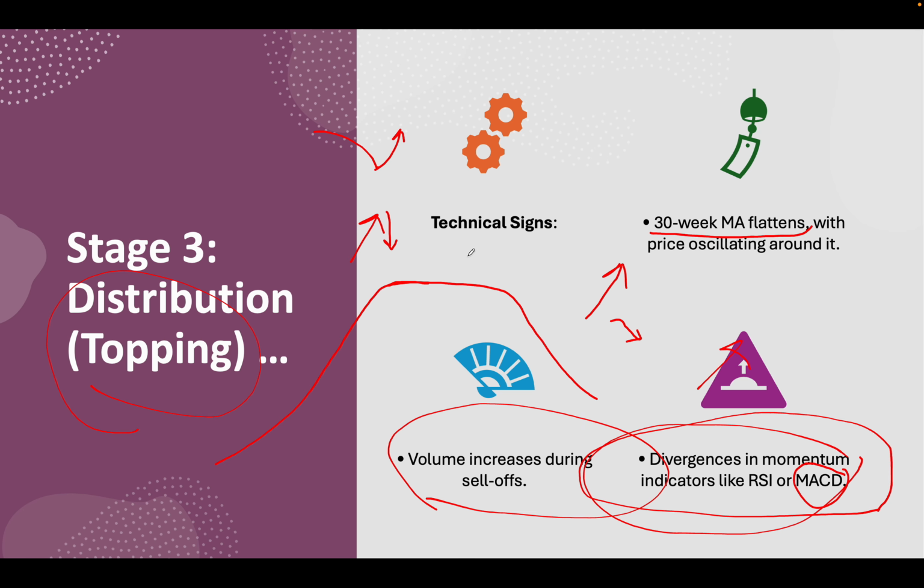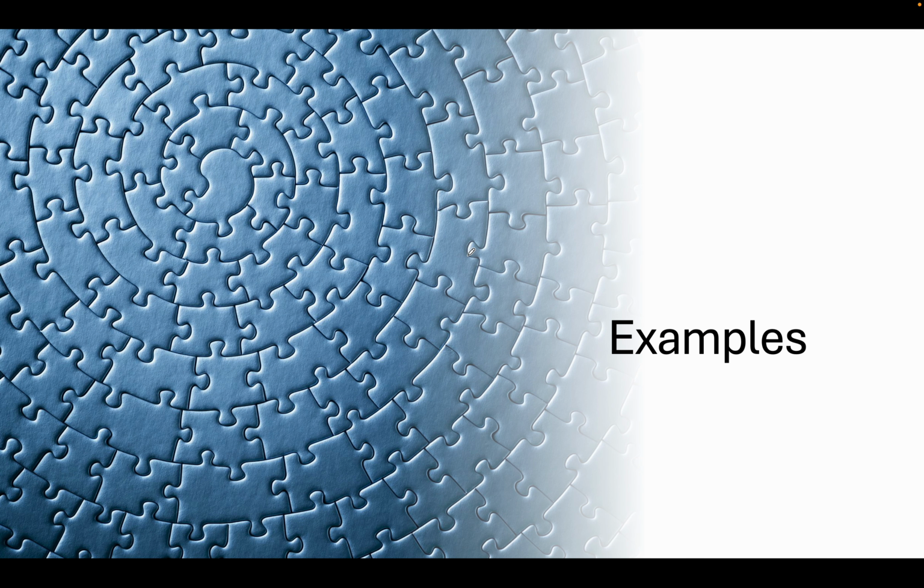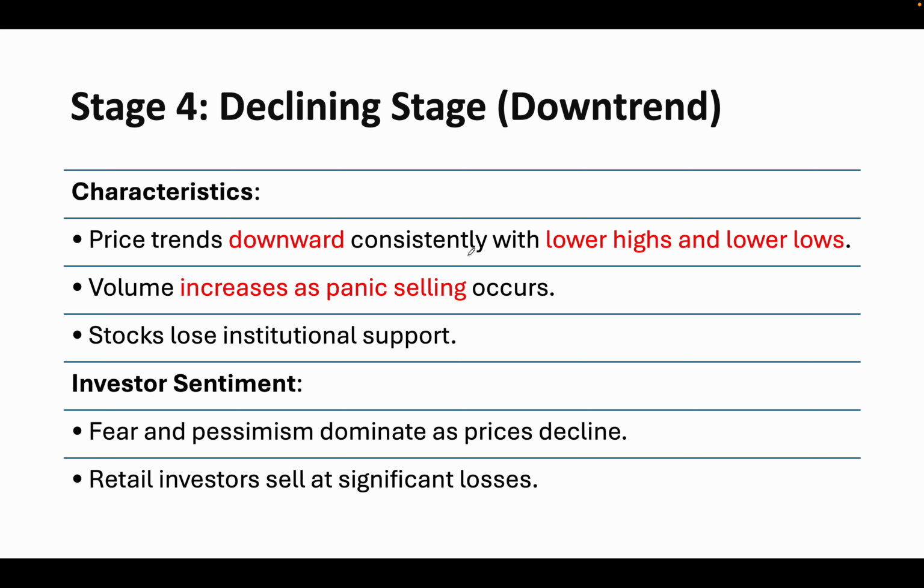So this is the stage 3 example. We have already seen the example. Now let us see the declining phase. What is in the declining phase, which is a downtrend? Price trends down consistently with lower highs and lower lows. So it is like this.